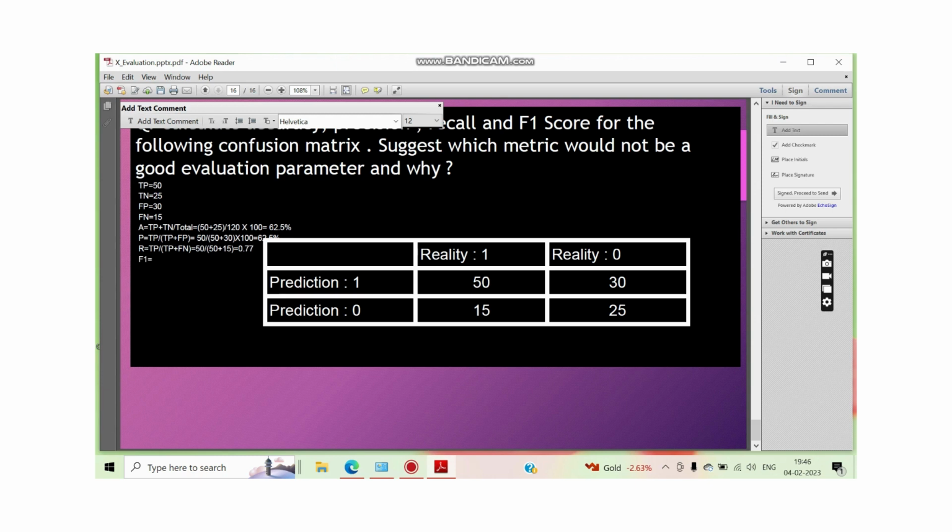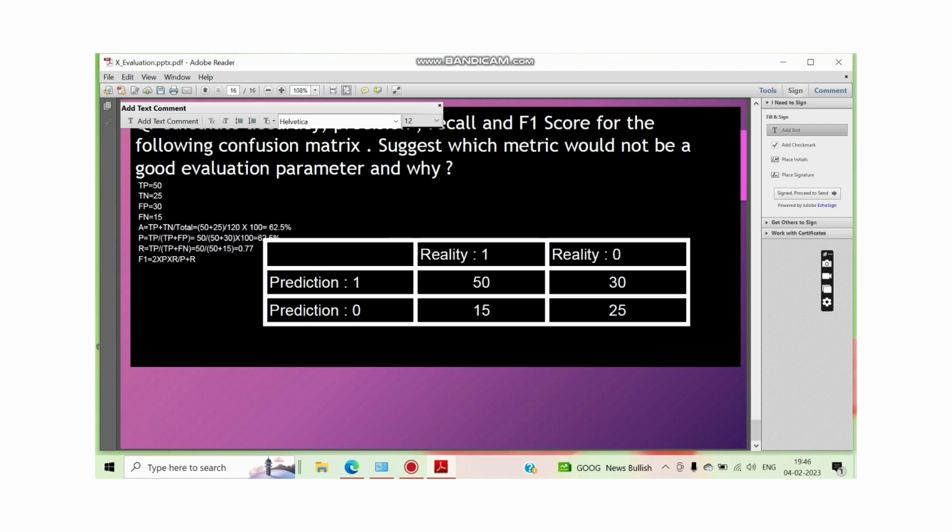Now, for F1 score, what we have to do? I told earlier also that you will write the values of precision and recall in decimal only, because when same type values are there, the answer will be absolutely correct. Now 2 multiplied by precision multiplied by recall, whole divided by precision plus recall. This is the formula. Now let's apply the values.